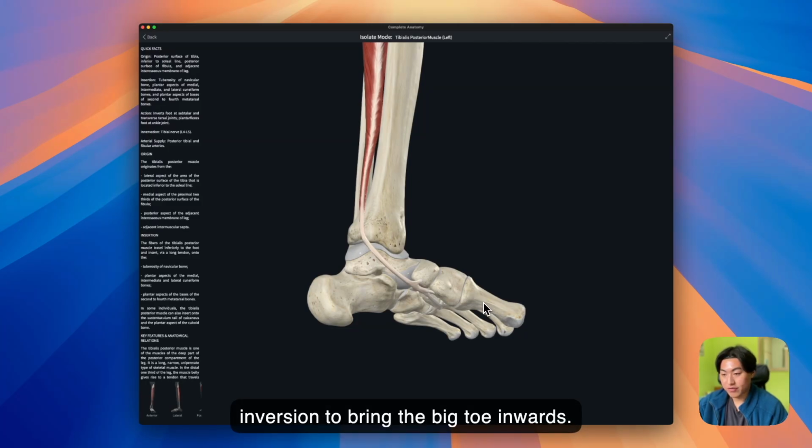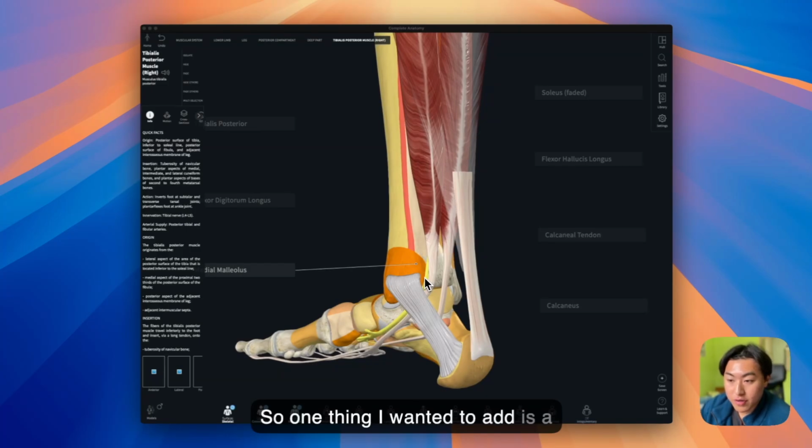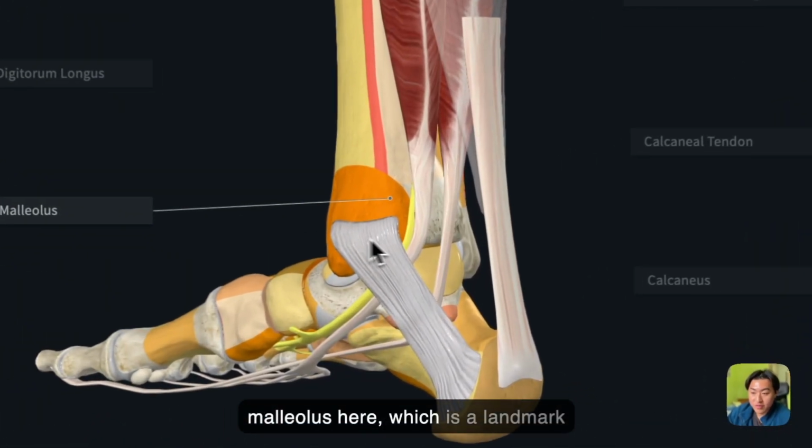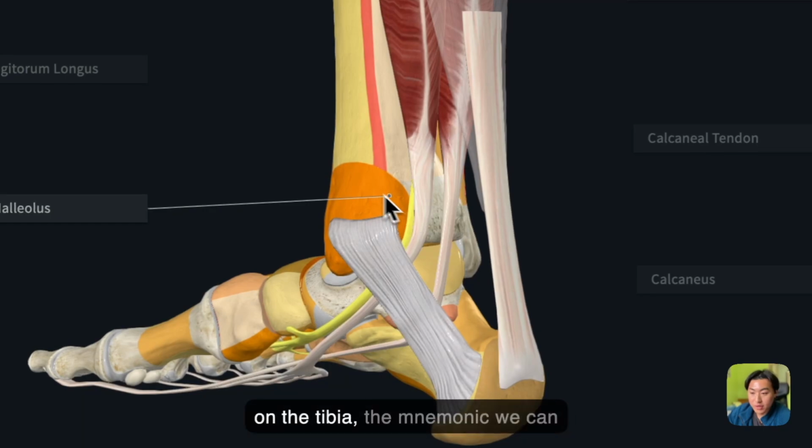So one thing I wanted to add is a mnemonic to remember the tendons on the posterior side of the lower leg. If we start at the medial malleolus here, which is a landmark on the tibia, the mnemonic we can use is Tom, Dick, and very naughty Henry. So Tom refers to the tendon of the tibialis posterior.